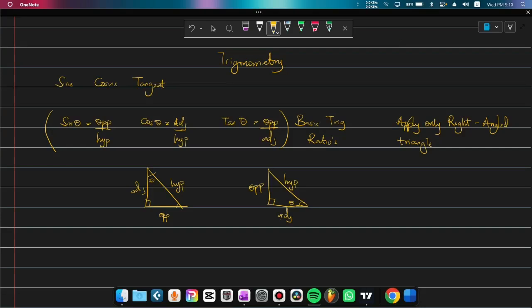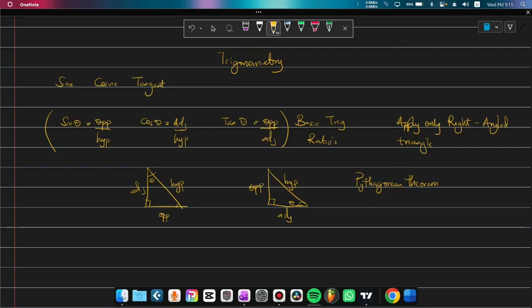You need to understand this very, very carefully. Something else you need to also remember for right angle triangles is the Pythagorean theorem, or what you call the Pythagoras theorem, still the same thing.